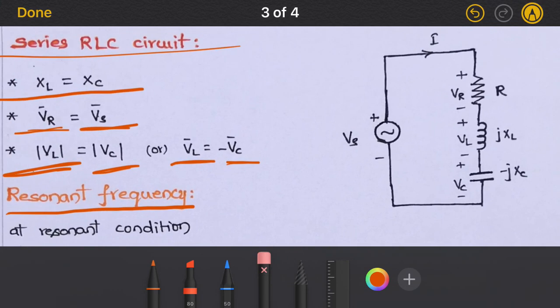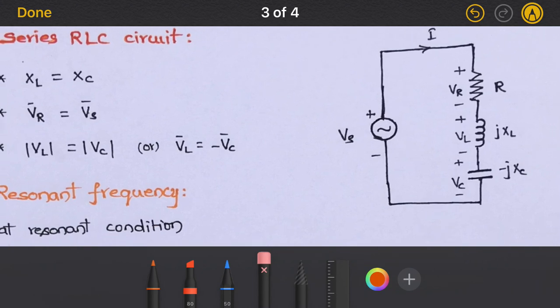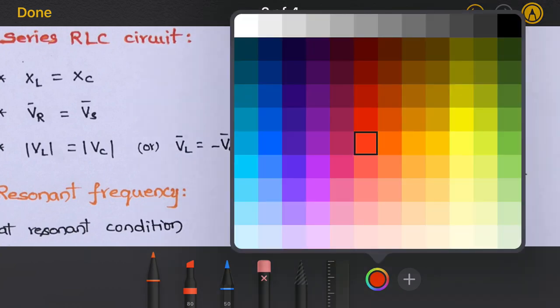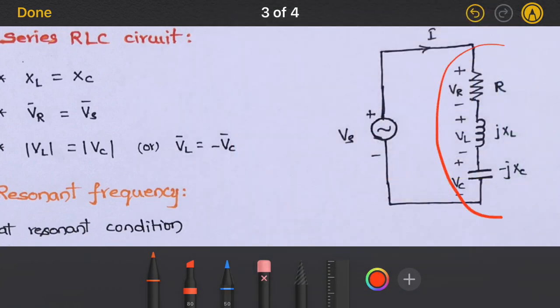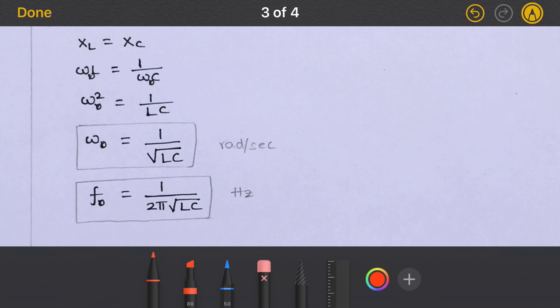Now in our circuit, for example, to get a clear idea about resonance, the circuit here is a series RLC circuit. The oscillating frequency in our case is 5 radians per second. How can we calculate that 5 radians per second?